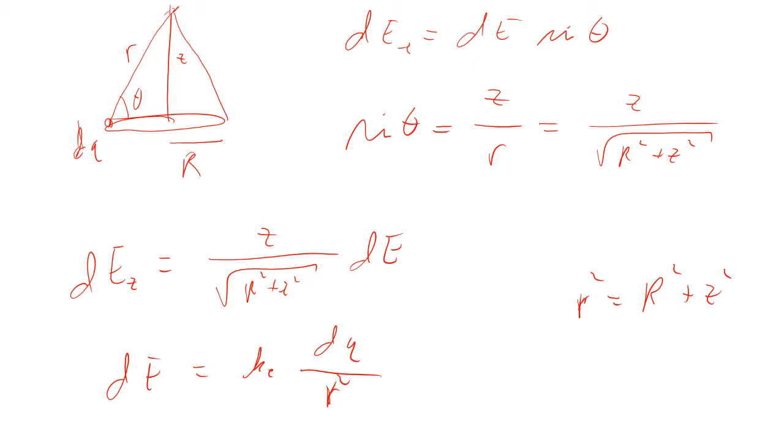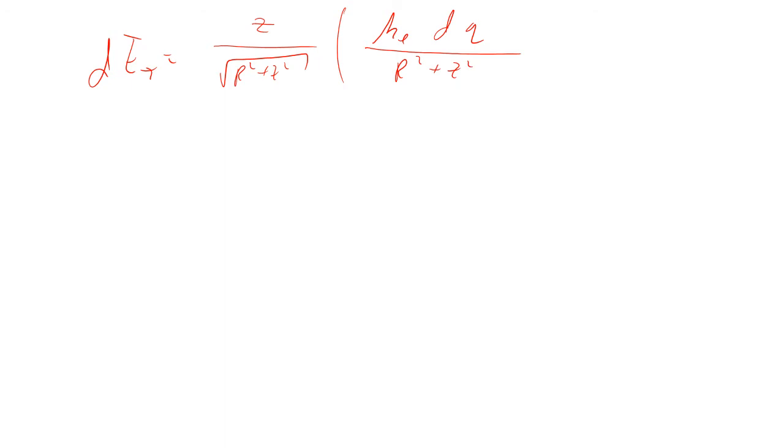So if we plug all that in, dEz is going to be equal to z over the square root of r squared plus z squared times k sub b dq over r squared plus z squared.